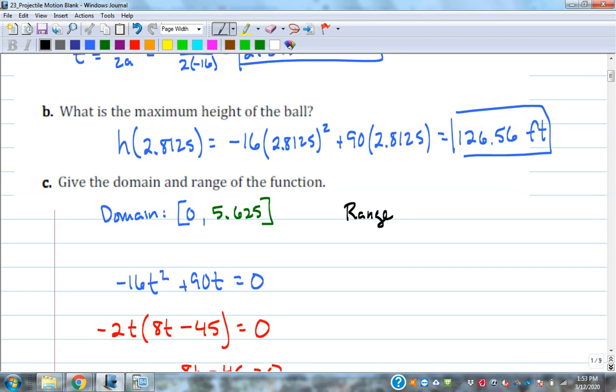On the ground at a height of 0. Where does it reach the highest point? At the vertex. So we know that we got a y value of the vertex already. So the range for this one is going to be from 0 to 126.56 because that's as high as the ball got. And then it started falling toward the ground.